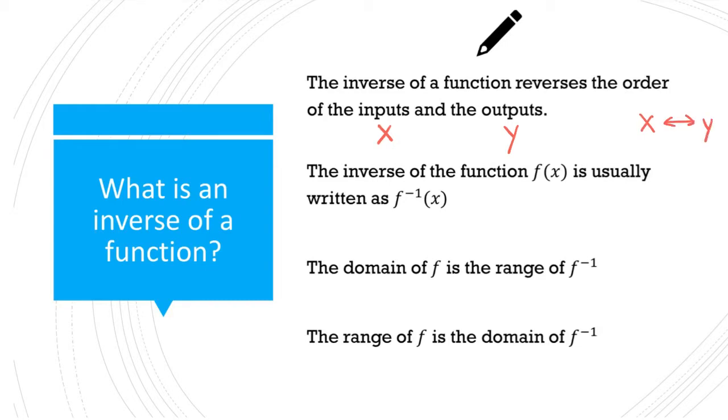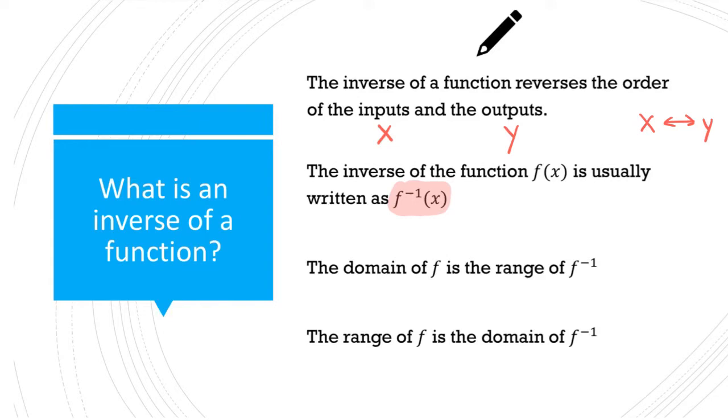Okay. The inverse of the function f of x is usually written as f to the negative 1 of x. So this right here is notation, okay? It does not mean we're raising f to the power of negative 1. You are never going to be solving for f or trying to get f by itself. All this is notation.